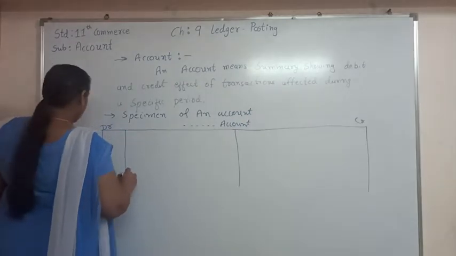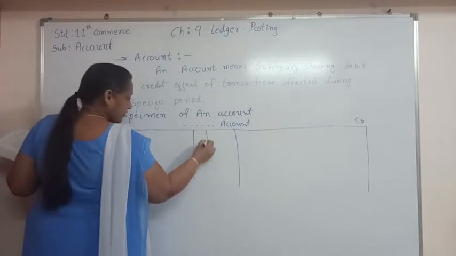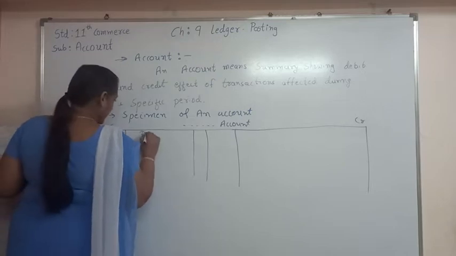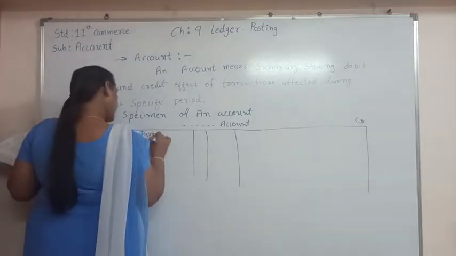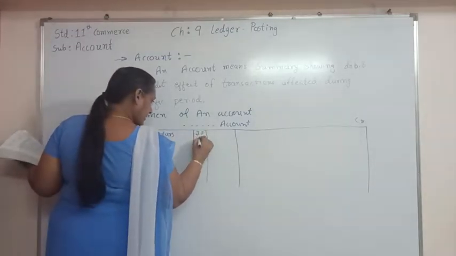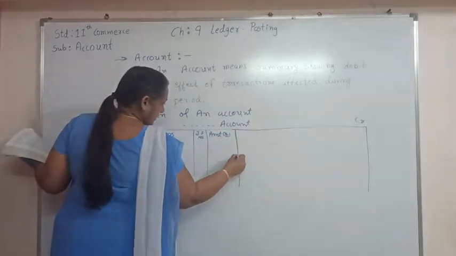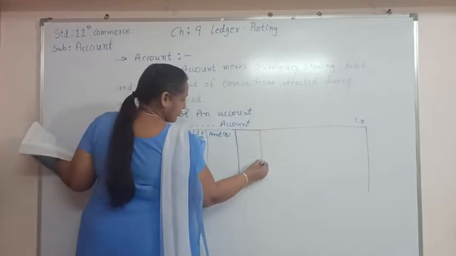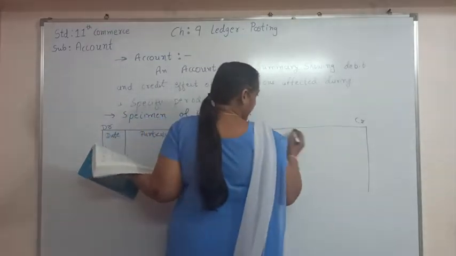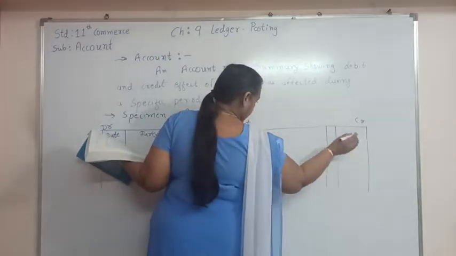Here date, then particular, journal folio number and amount. As we are making transactions in rupees, the amount will be in rupees. Again on the credit side the same thing, date, then particular, journal folio and amount.